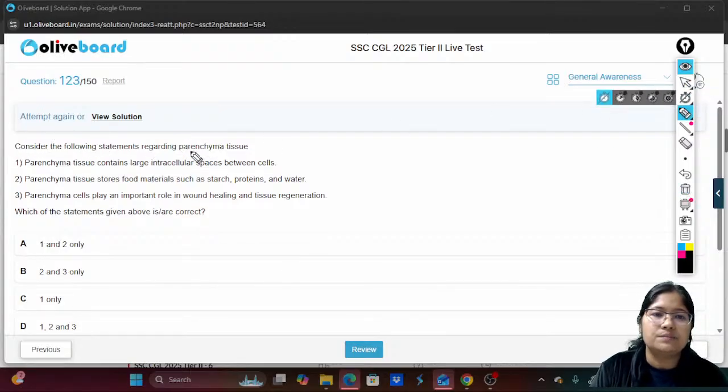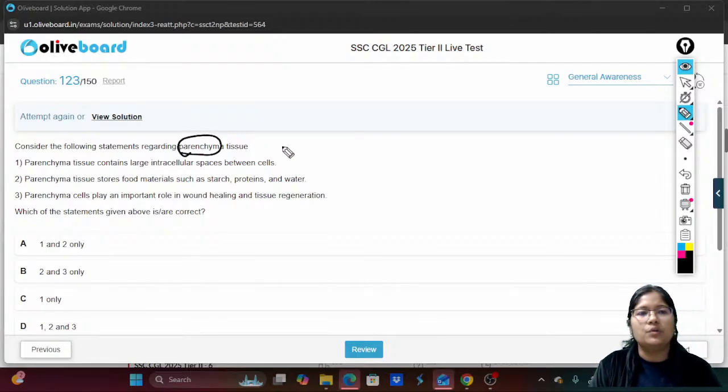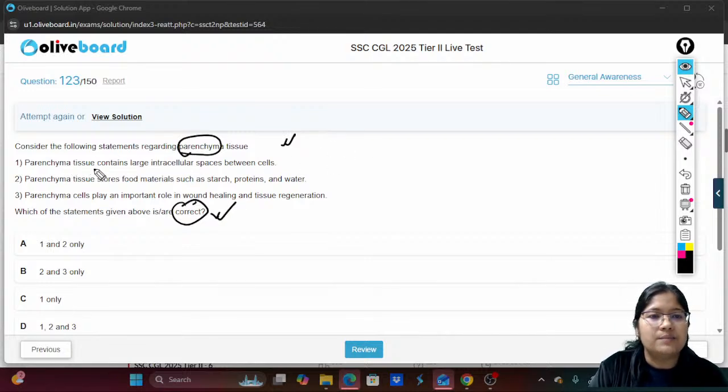Consider the following statements regarding parenchyma tissues. Which of the following is true about parenchyma tissue? Parenchyma tissue contains large intercellular spaces between them. Do they contain large intercellular spaces? No. Parenchyma tissue stores food materials, true, such as starch, protein, and water.